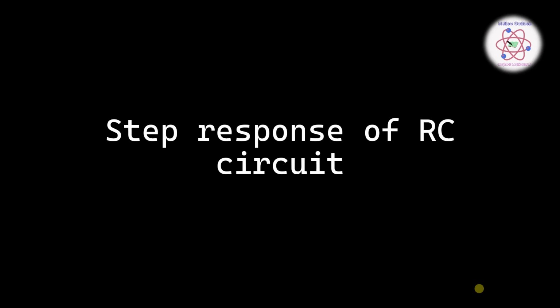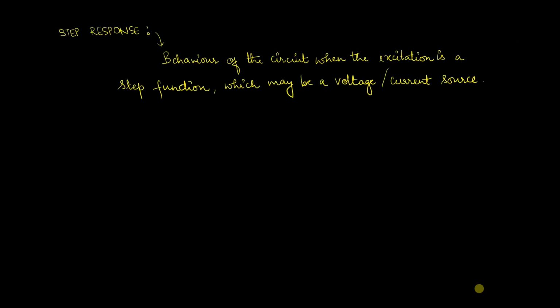Now the step response basically corresponds to the behavior of the circuit when the excitation is a step function. The source of excitation could be either a voltage source or a current source. Now when we say step function, it can be represented in this manner.